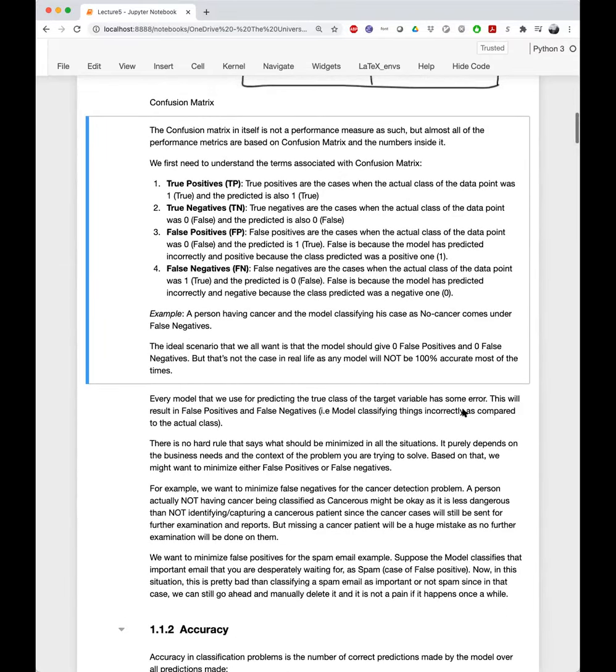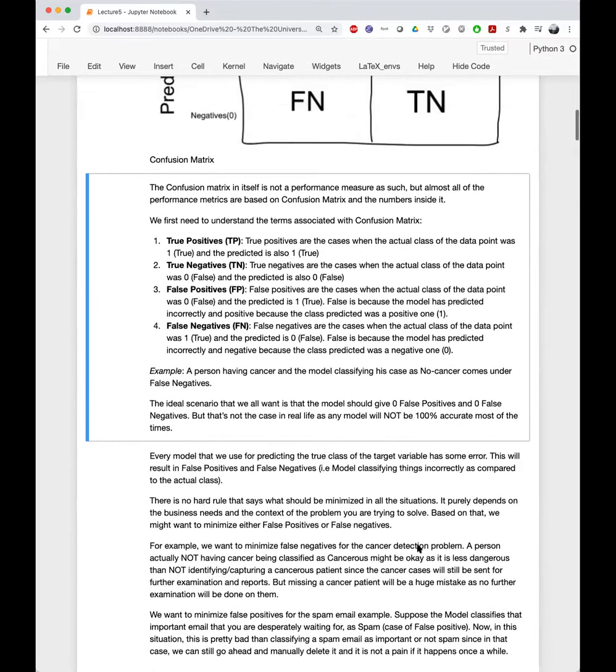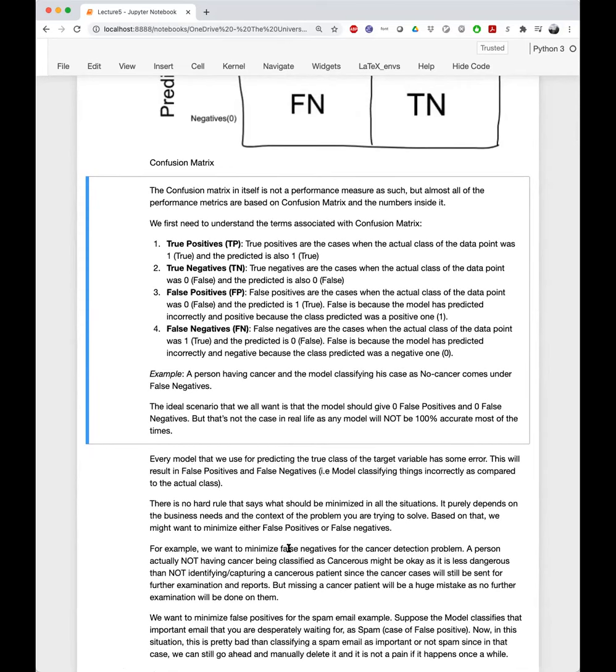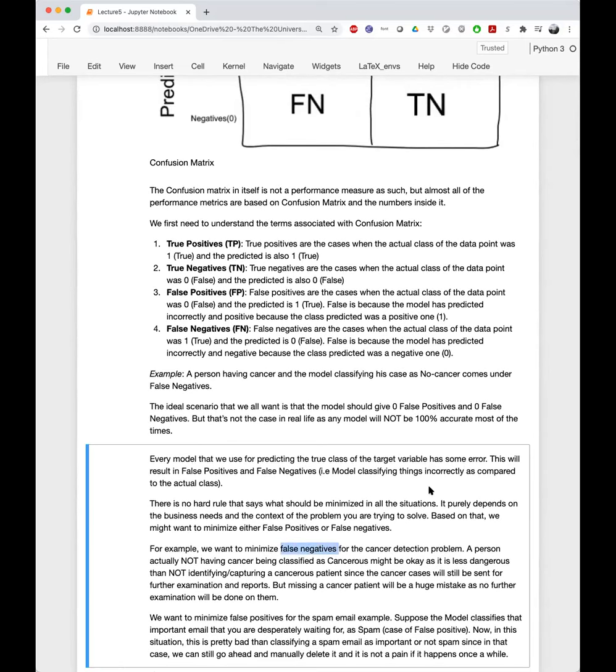If we look at the cancer detection problem, here we want to minimize false negatives. False negatives mean your model predicts a patient has no cancer, but actually that patient has cancer. So you want to minimize these cases. If a patient is diagnosed as having no cancer, but actually has cancer, that could be a real problem for this patient.